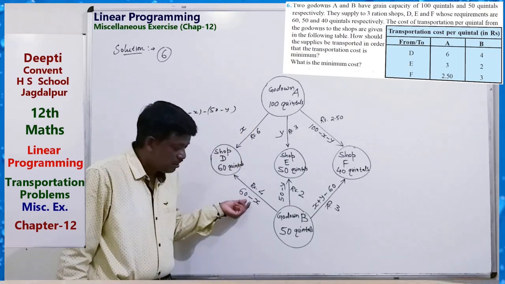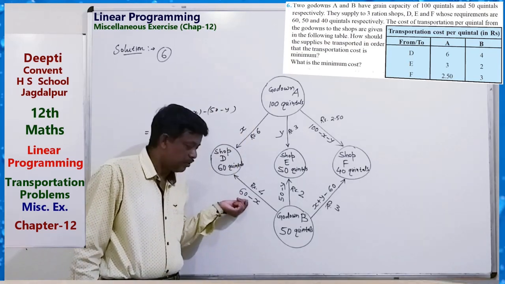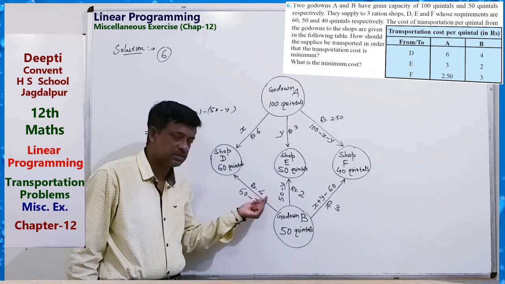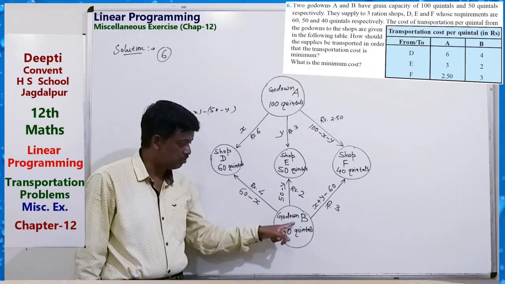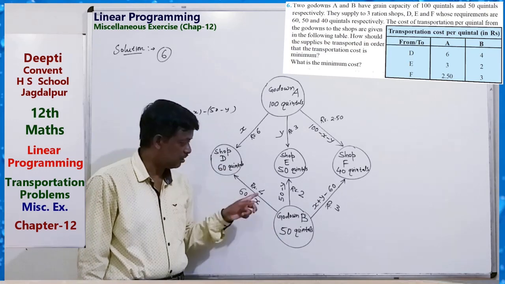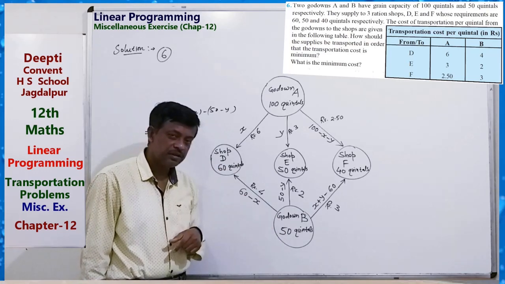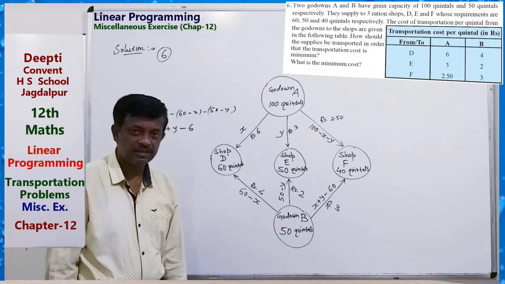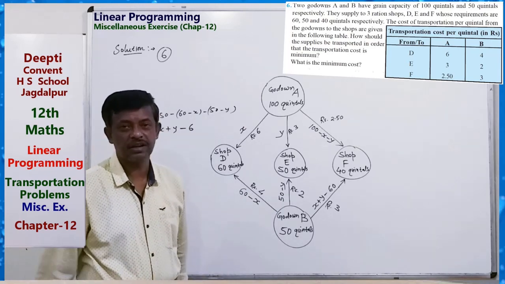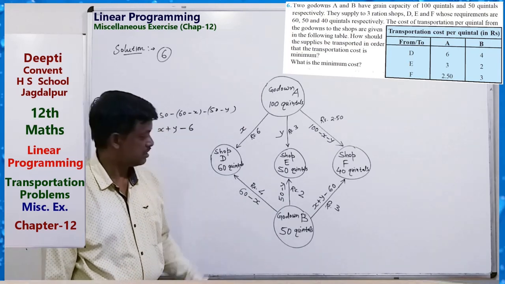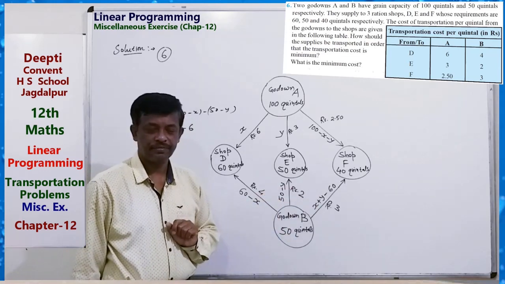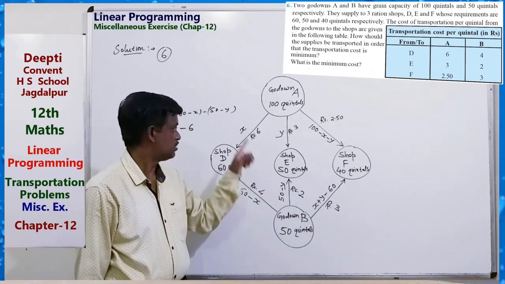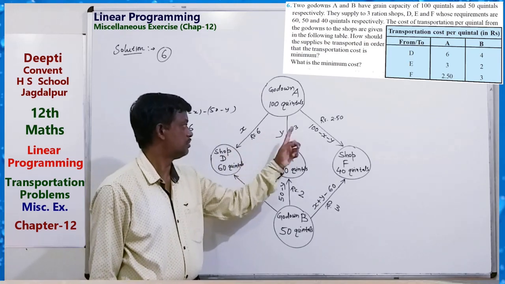This is in quintal, and this is rupees per quintal. This quintal supplies grain from B to D at that rupees per quintal cost. So the transportation cost may be written as this into this plus this into this plus this into this, and also this into this plus this into this plus this into this.